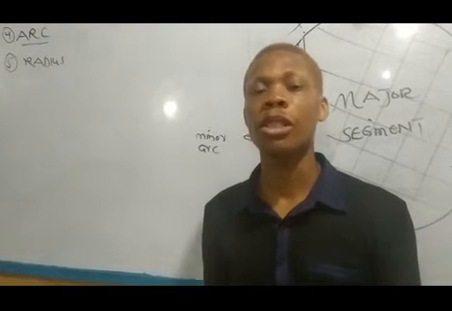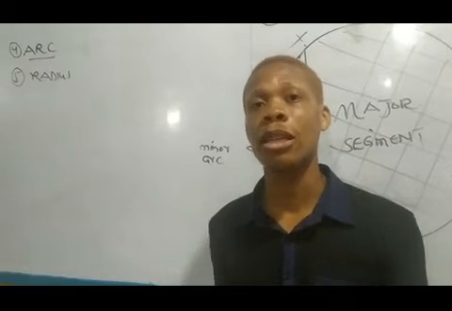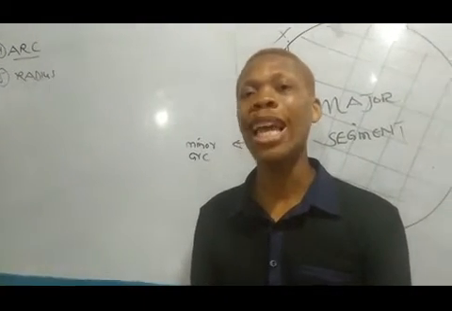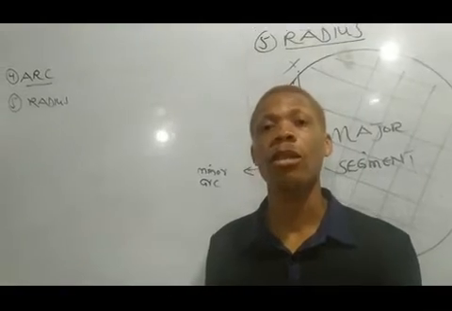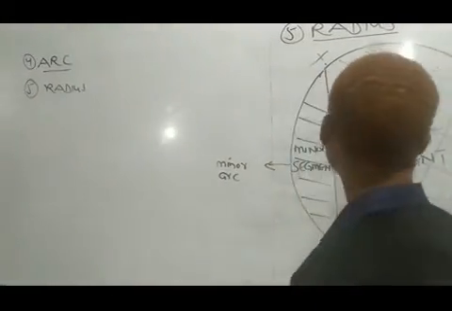The radius of a circle is the common distance from the center of the circle to any point on the circumference.